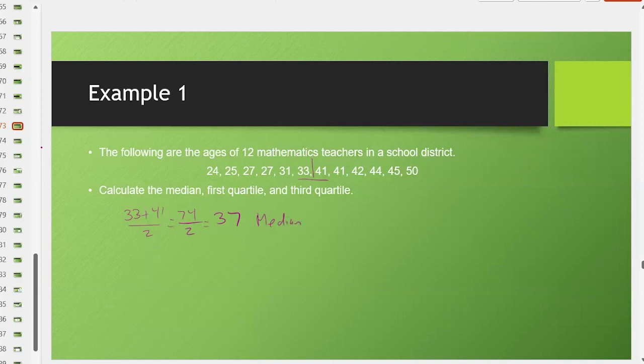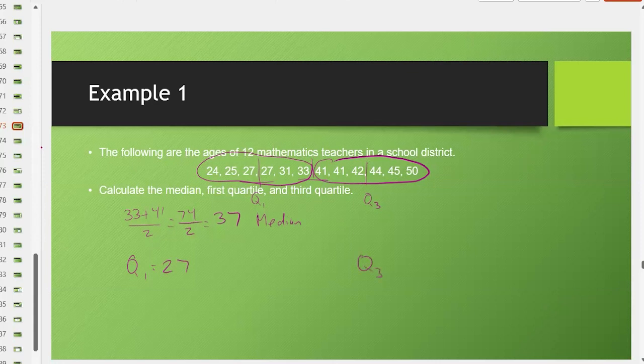And now to find the first quartile, or Q1, we're going to take the median of the first half. And to find Q3, we're going to take the median of the second half. Well, here if we find Q1, the median, 27 plus 27 divided by 2 is just going to be 27.